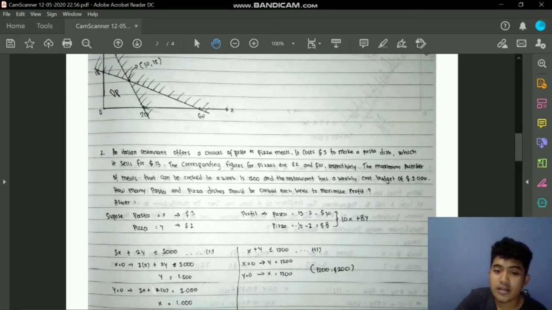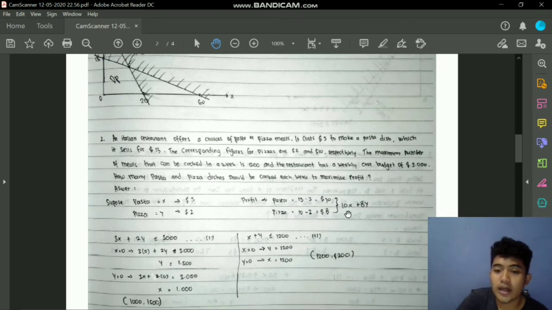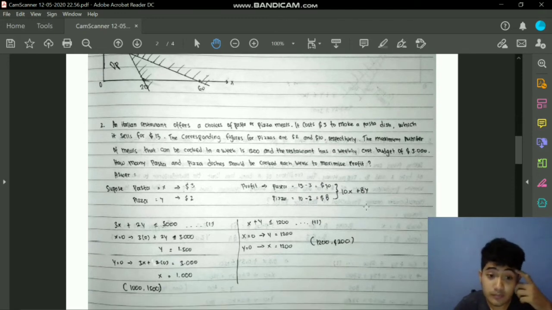Pizza they sell for $10 and it costs $2 to make, so the profit for pizza is $8. So we get x and y: 10x plus 8y.